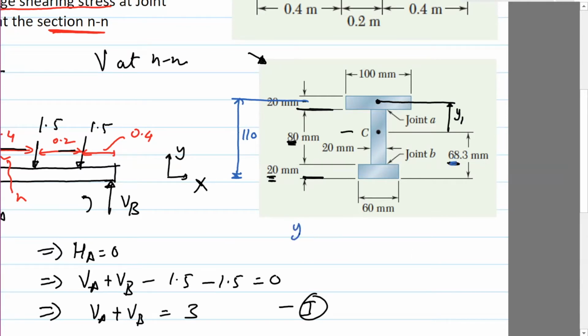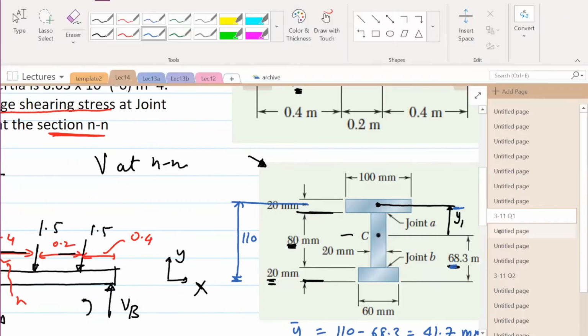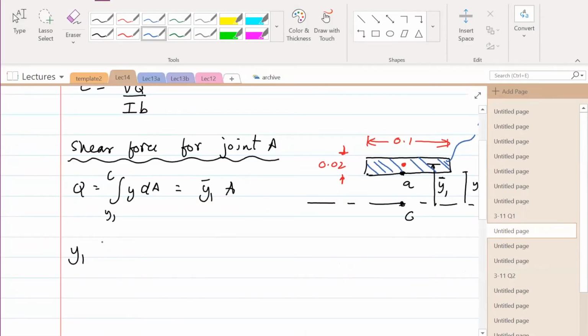So y1 bar, let's call it, equals 110 minus 68.3. It's 41.7. Let's just use 41.7 there. Okay, so 0.417.